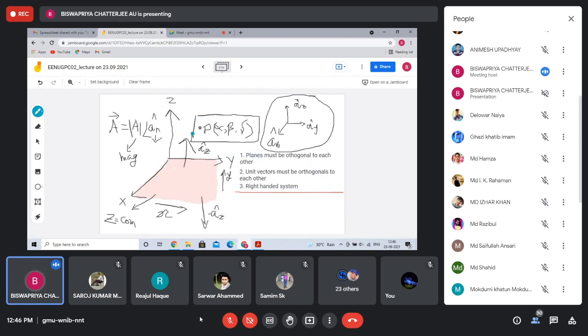If any newly introduced coordinate system undergoes these three conditions successfully, then it will be a valid coordinate system. Otherwise it cannot be treated as a valid one, so it must be rejected.